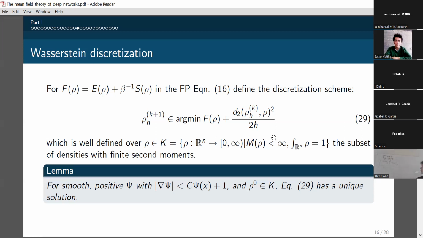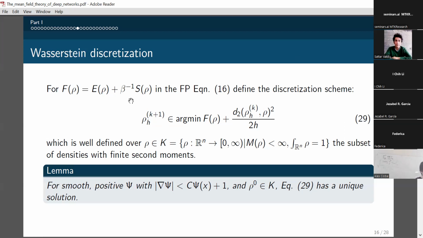So for the remaining slides, we're going to look at this connection, and the idea being that this minimizing movement scheme is not generally guaranteed to consistently produce solvable minimization problems.